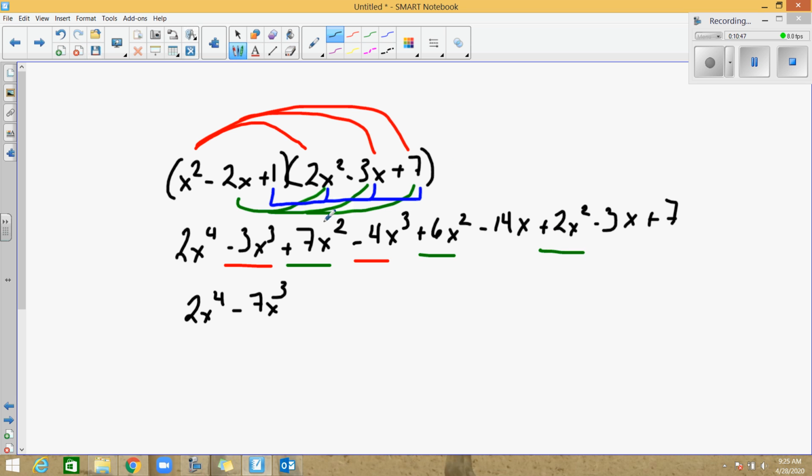So I add their absolute values: 7, 6, and 2 is 15, so that is plus, apply the sign, and they are x squared. Let's see, I need the blue one. Everything here is taken care of. I've got a negative 14x. I've got a negative 3x, which turns out to be a negative 17x. And then this last guy at the end is plus 7.